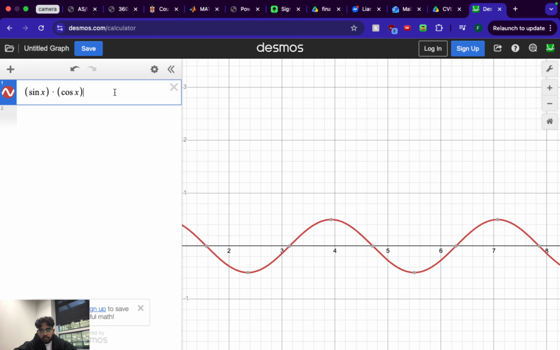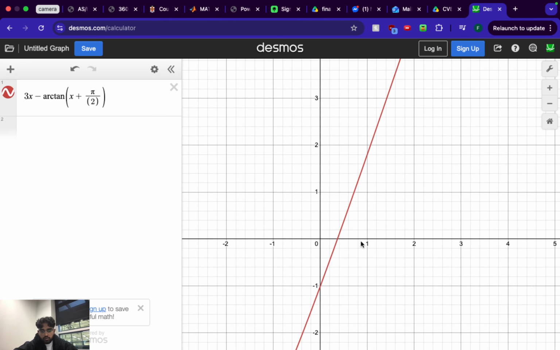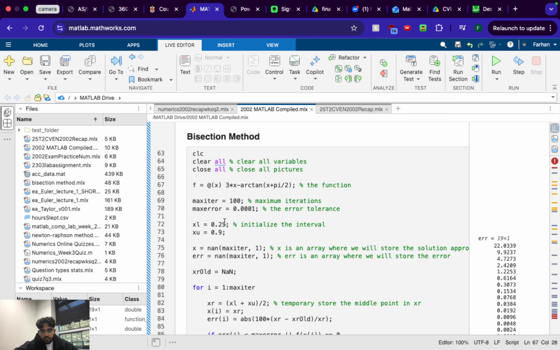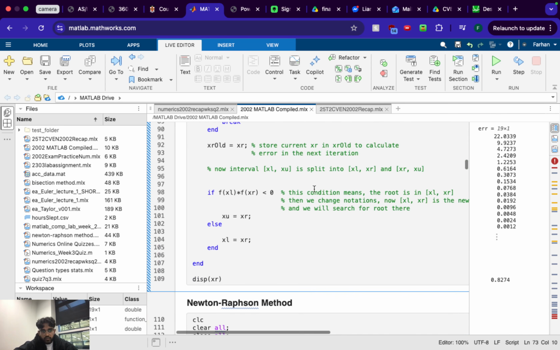Let me actually graph that. 3x minus arctan x plus pi on 2. Okay, so let's see where we get a root. Here, 0.364. So let's say my starting value, yeah, that's fine. And let's see if we get the answer, hopefully.